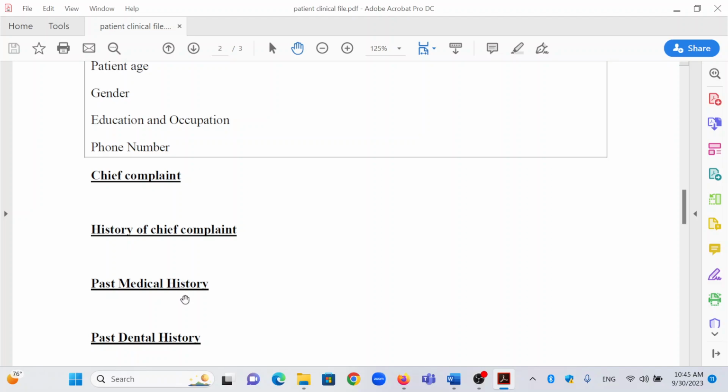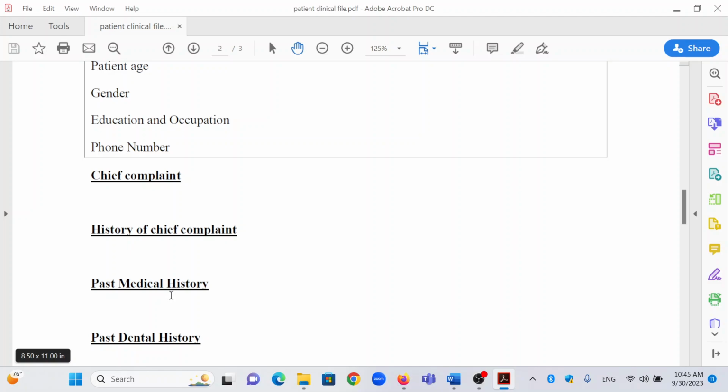The third main component of the patient history is the medical history. The medical history is very important because it gives us an insight about any medical problems the patient may have, and these may influence the dental treatment plan.